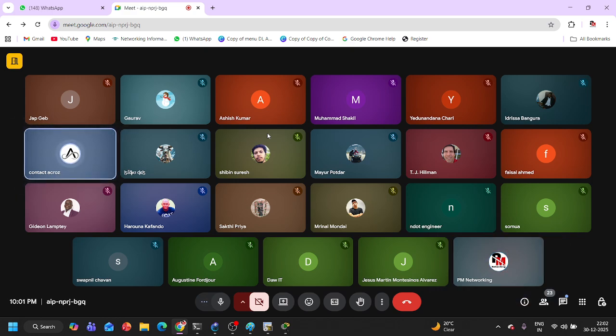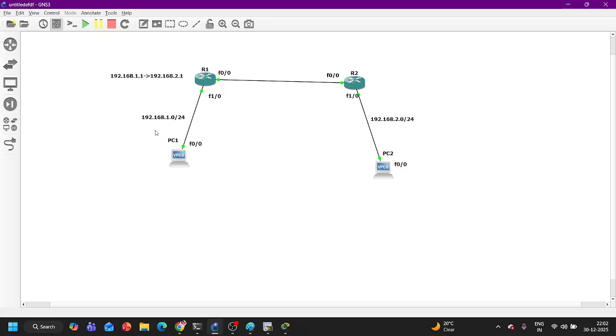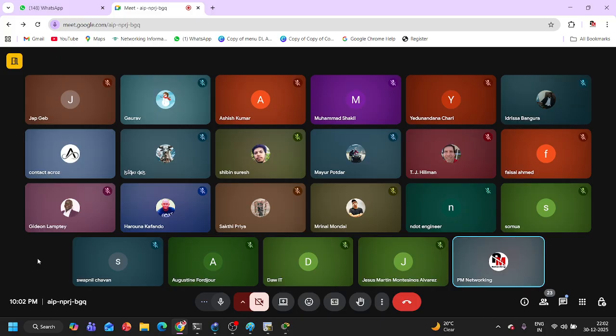From that router to the next router. Next hop means, for PC 1, who is the next hop? This interface on router 1. For router 1, the next hop is the interface on router 2. For router 2, the next hop is PC2. So the next hop IP address is what we get in the traceroute. Absolutely. Okay, got it. Thank you. Welcome.